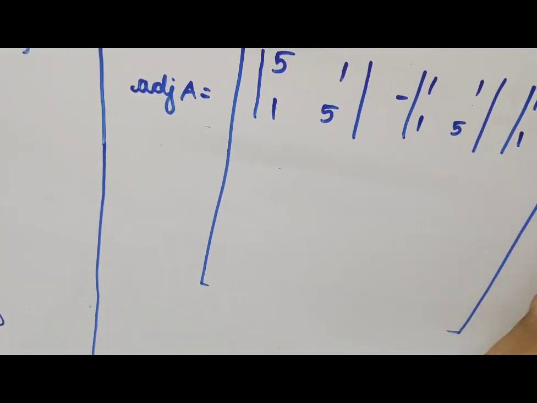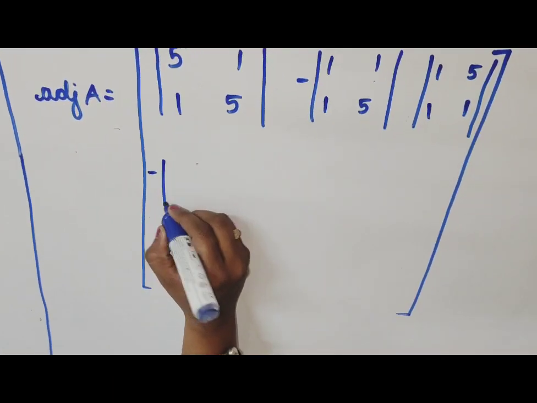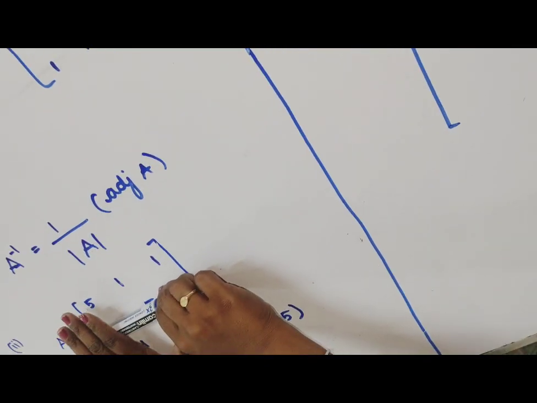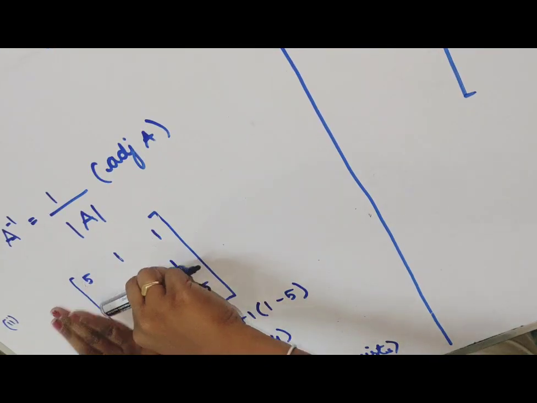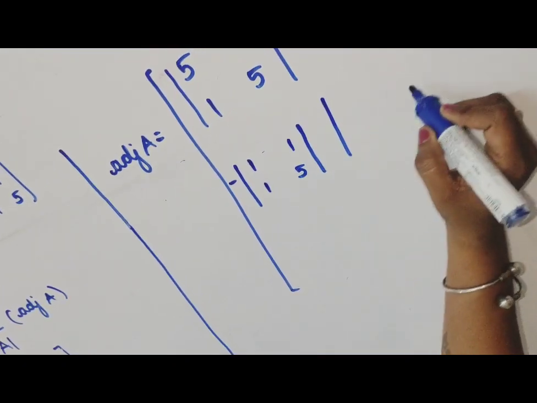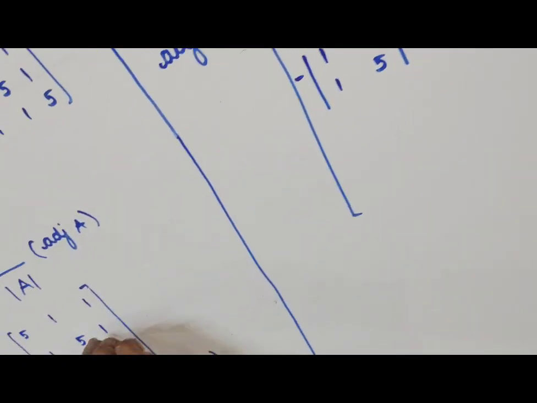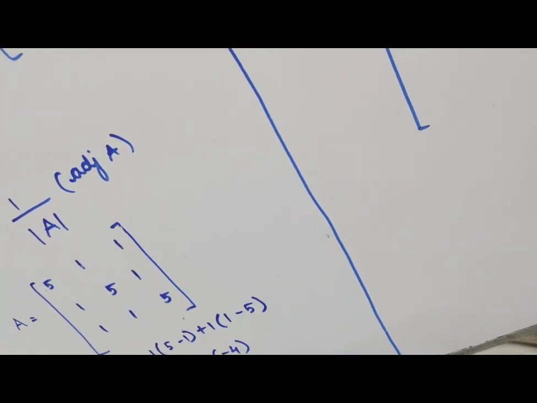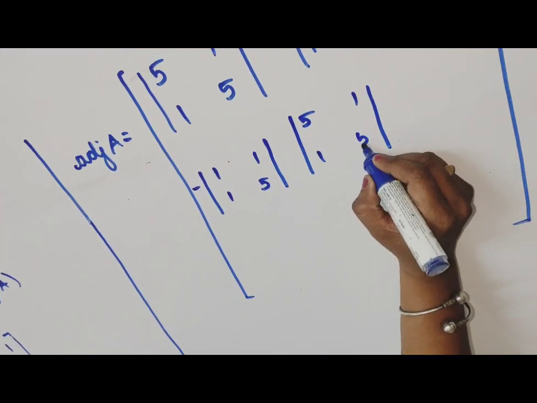It is 1, 5, 1, 1. The next term will have minus by default. For this term, we omit this row and this column, which gives 1, 1, 1, 5. For the next term, for 5, the minor is, omitting this row and this column, 5, 1, 1, 5.